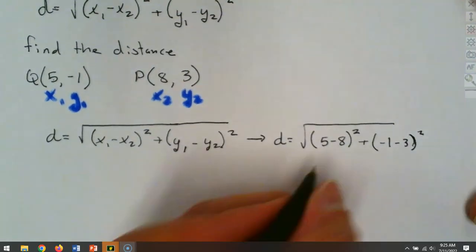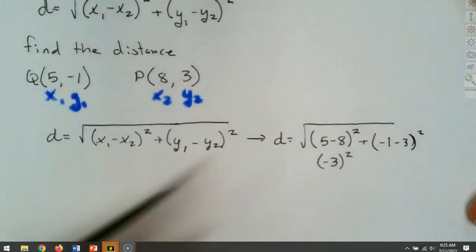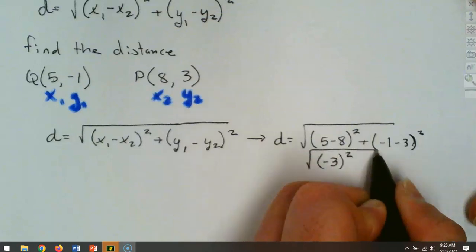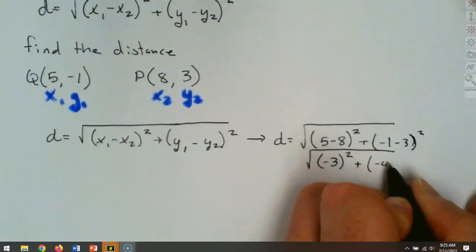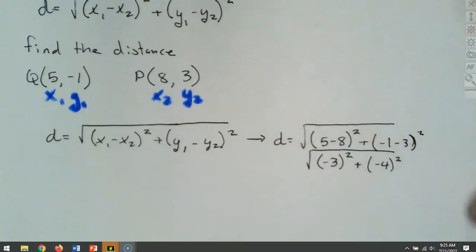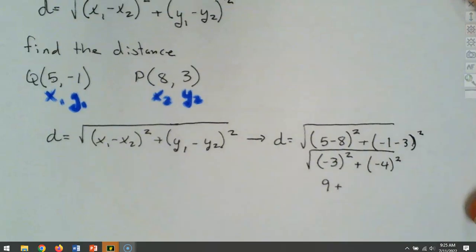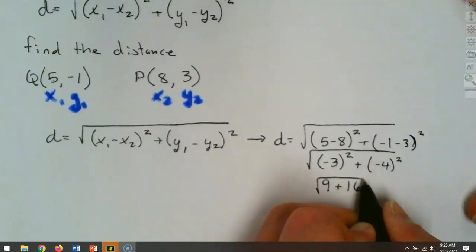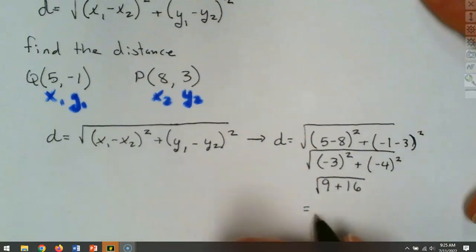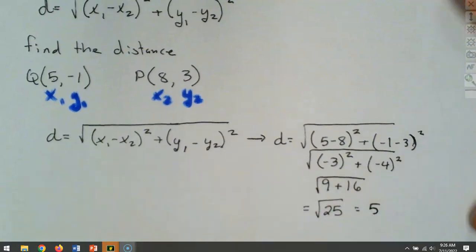So 5 minus 8, well, that's a minus 3. And minus 1 minus 3, that's a minus 4. We still have to square these. 3 squared is 9. 4 squared is 16. And we're lucky in this case because when we add them together, we get the square root of 25, which is then simply a 5.